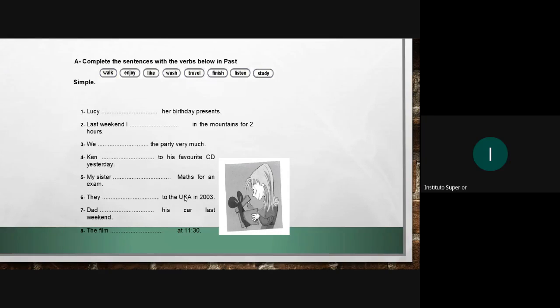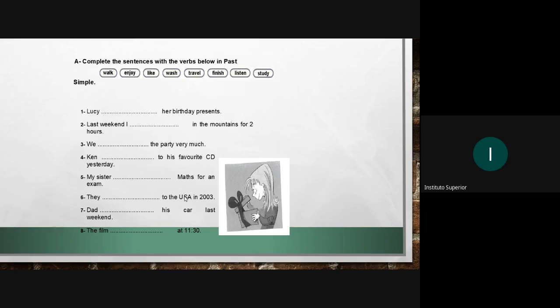Number 4, can to this favorite city yesterday. Can listen to his favorite city. His favorite city yesterday. Very good. Listening. Very good.